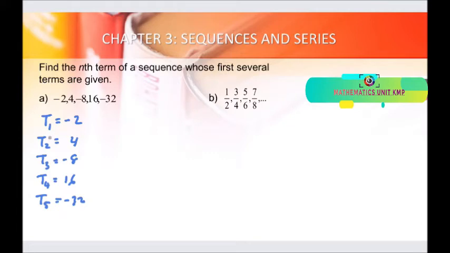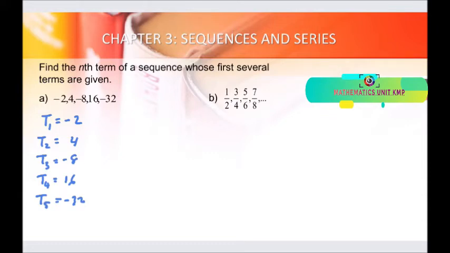The second term, 4, it's either 2 times 2 or 2 to the power of 2. For the third term, either 4 times 2, or if you want to relate it with the number 3, it is 2 to the power of 3.